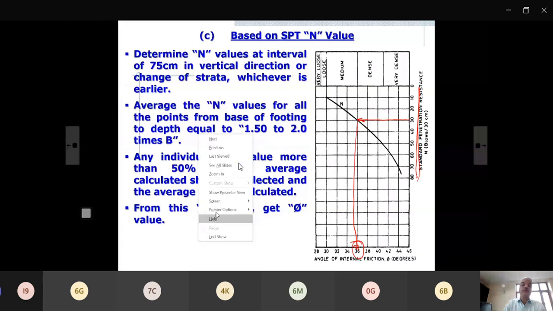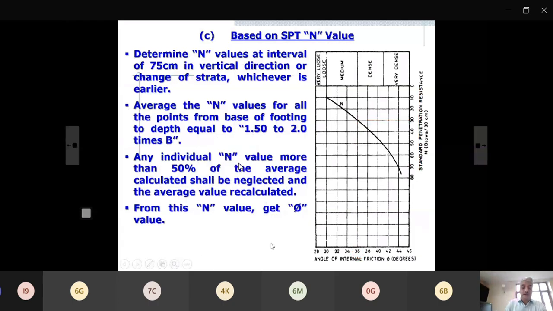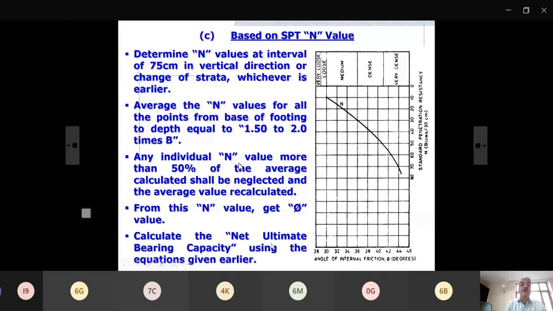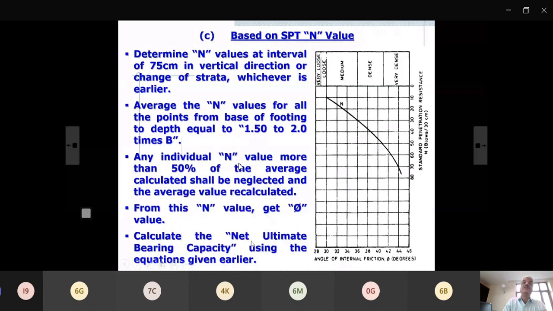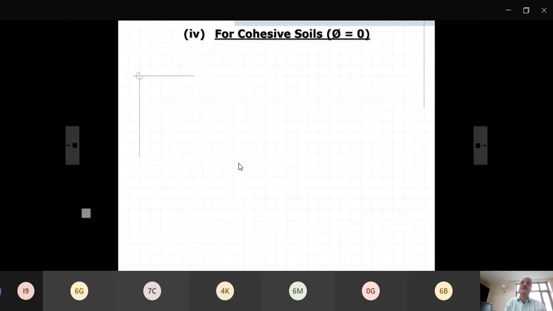So you get the phi value for your footing, and then using this phi value you get whatever Nc, Nq, N gamma and all those things, and calculate the net ultimate bearing capacity using the equations which we have seen as per the IS code. So this is if you are using standard penetration test results for calculation of bearing capacity. That is for cohesionless soil.